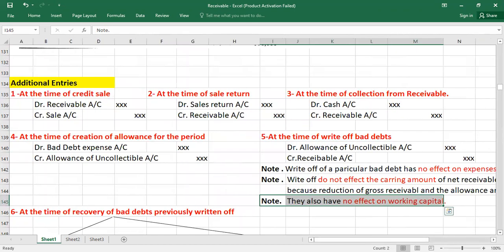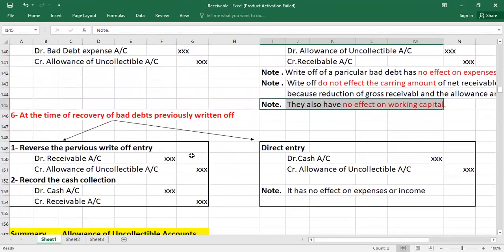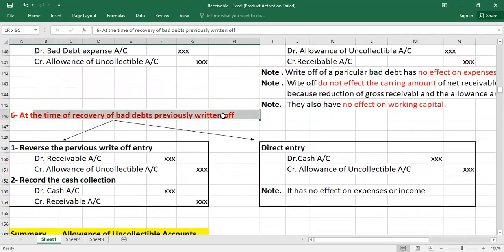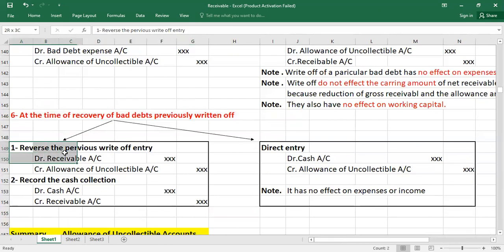The next point you should remember, sometimes this is also a really important case. Sometimes you have written off certain bad debts previously, and now maybe those bad debts are going to be recovered. So at the time of recovery of bad debts previously written off, what entries will you pass, guys? There are two ways. The first scenario is to reverse the previous write off entry.